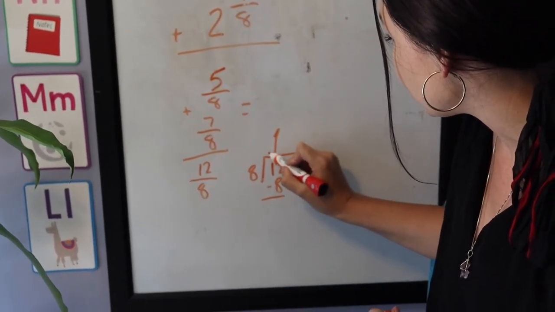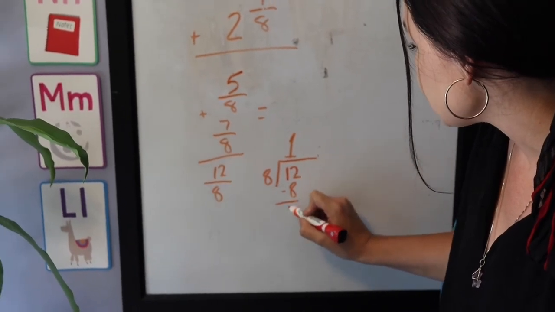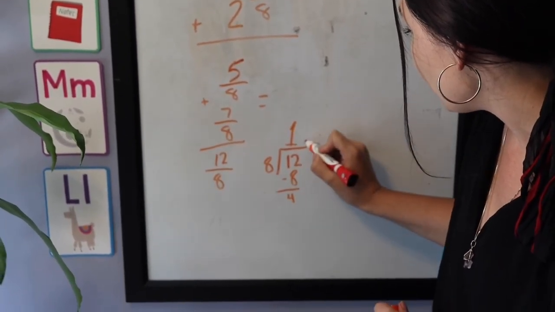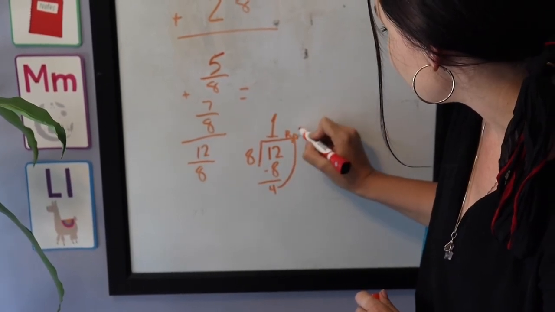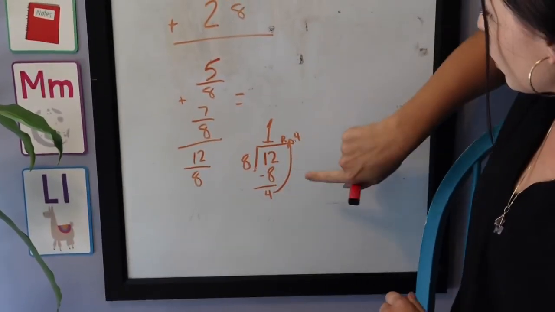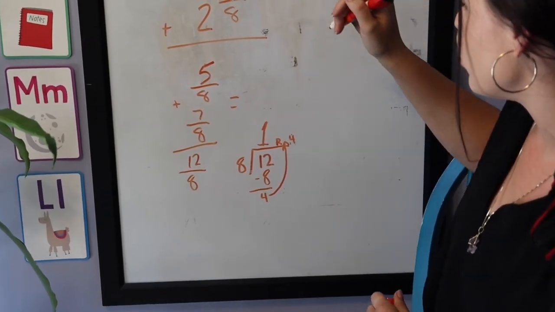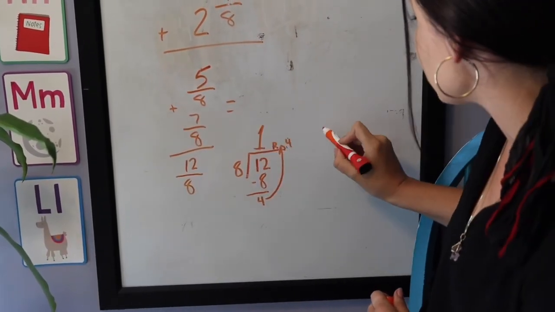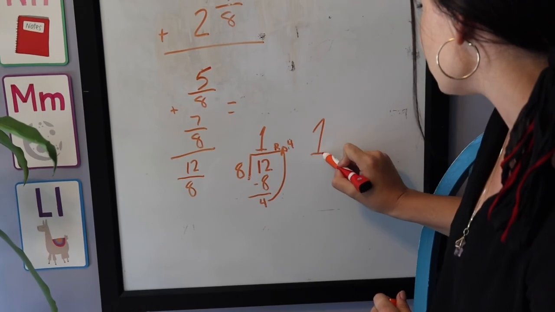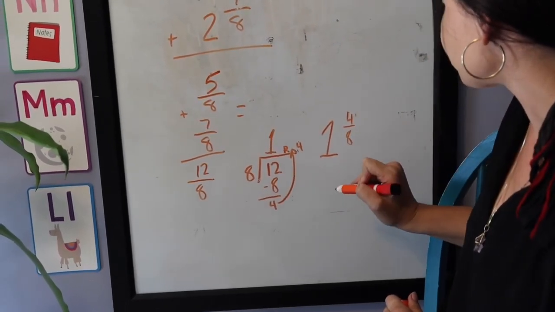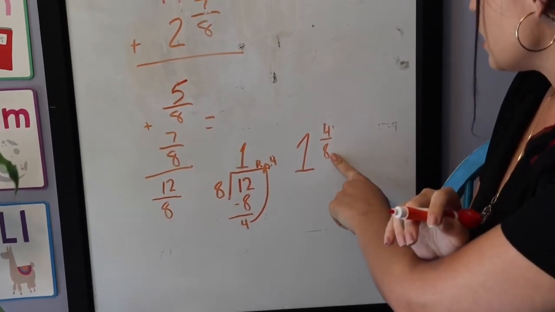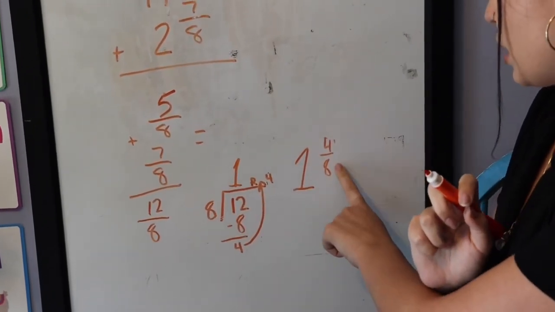We're going to put a big 1 here, and 12 minus 8 equals 4. We're going to write our remainder small and bring it up, 4. So now remember, our remainder turns into our new numerator. So our mixed number turns into 1 4/8.